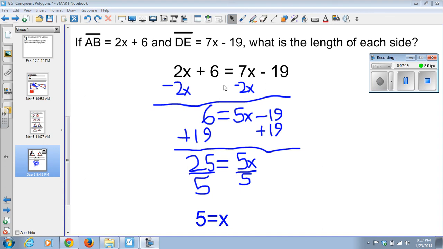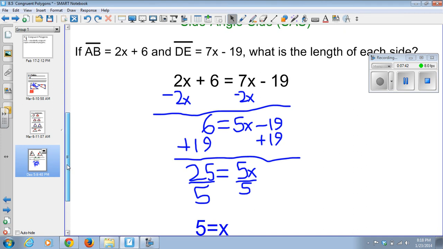But we do our equation steps. I like keeping things positive if possible. So I took 2x off of the left side to get down here, and then I added 19 to both sides, so I was able to stay positive. 25 equals 5x. Divide both sides by 5. We get 5 equal to x. Now we're trying to find the length of each side, so this kind of checks our equation for us.